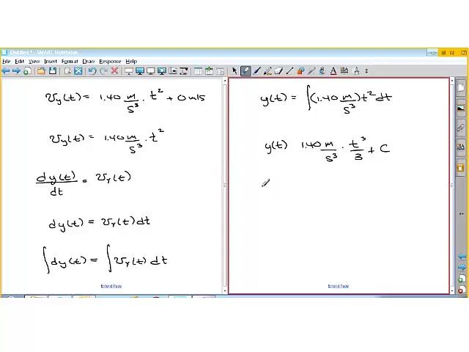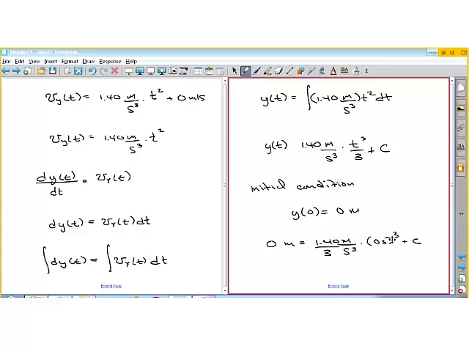Now I need to figure out what this arbitrary constant c is, so I use the initial condition again. In this case, I use the displacement that says y at t equals 0 is 0 meters. So y of 0, this 0 is the value of t and this 0 is the displacement. I get 0 meters equals 1.4 over 3 meters per second cubed times 0 seconds cubed, plus c.